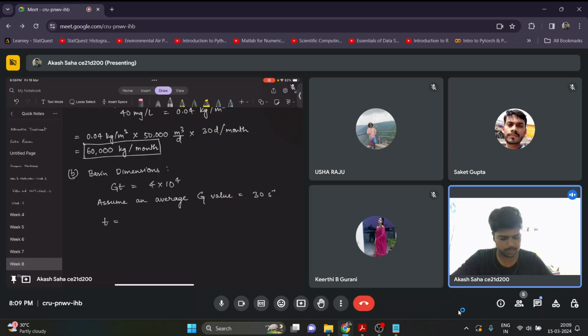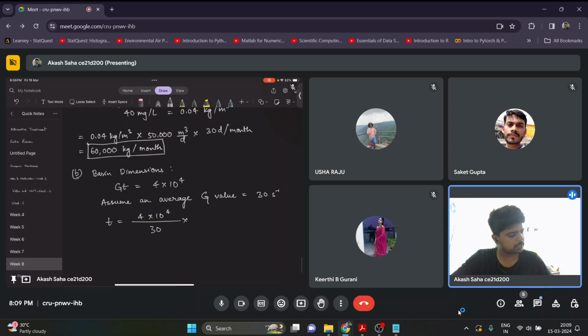So my T will be equal to 4 into 10 to the power 4 divided by 30, per second, and to change it into minutes, 1 minute by 60 seconds. So my T value that I am getting is 22.22 minutes. So I got the time of my flocculation, 22.22 minutes. It should be more or less than 30 minutes, so it is fine, 22.22 minutes. So this is my first part.